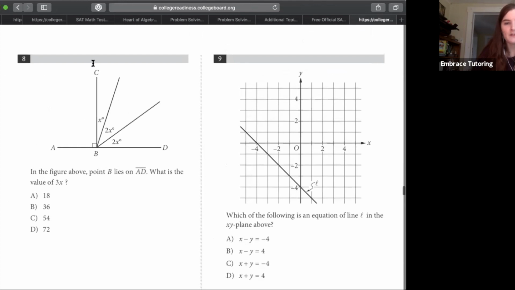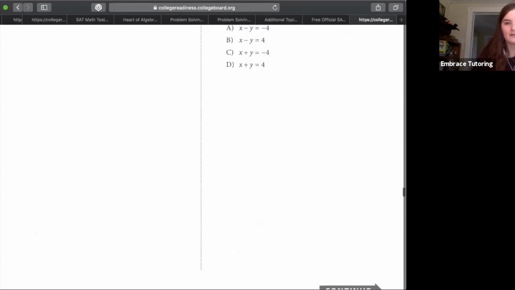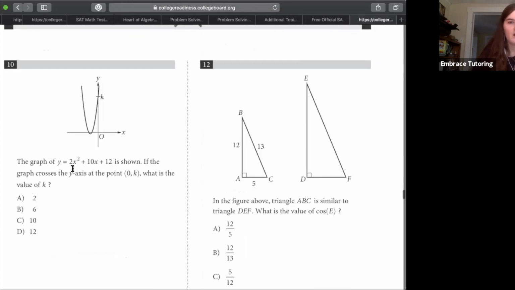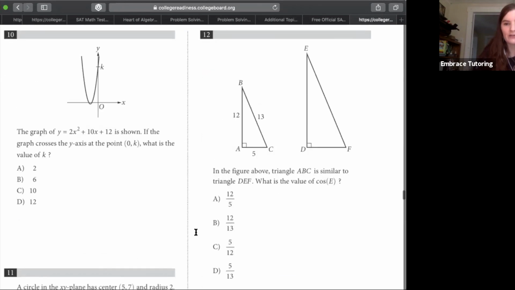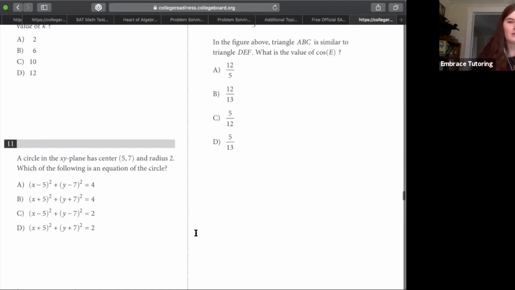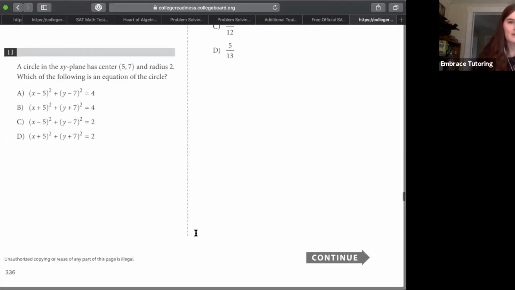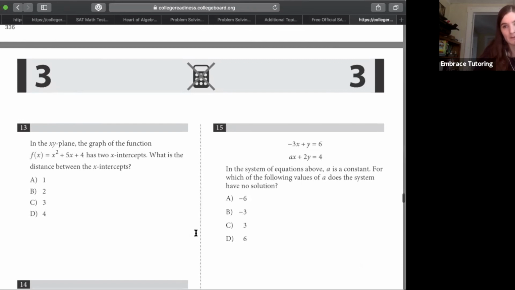So understanding angles, understanding segments, like line segments and things like that. These are all key concepts. Understanding and identifying graphs and parabolas and things like that. Dealing with triangles, especially right triangles, all of these types of things. Understanding the Pythagorean theorem, all of those types of things are really key on this test.